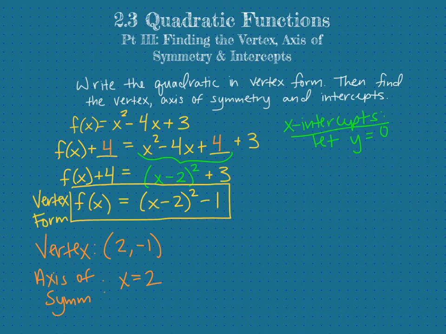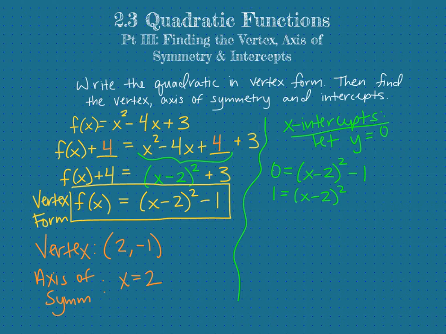Okay, to find our x-intercepts, we're going to let y be 0. So I'm going to have 0 equals x minus 2 quantity squared minus 1. When we solve this, I'm going to add 1 to both sides. So I'll have 1 equals x minus 2 quantity squared.